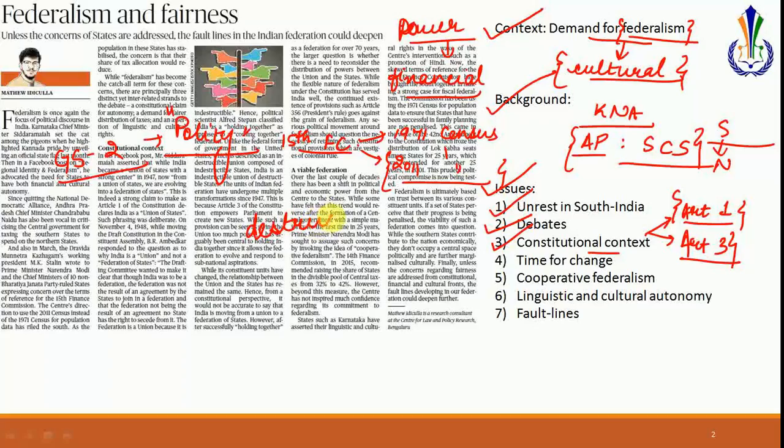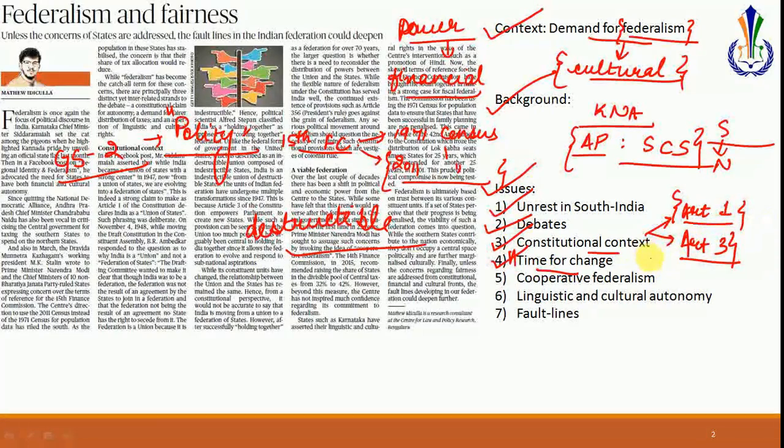This means that the states in India do not have any integrity and they can at any time be destroyed. So that is something that is going to be important here. Another thing is that a question is being raised: is it time for change, to mark a shift from this Article 1 and Article 3 to a newer form of policy, a newer federal form of structure of the Constitution? So this is something that is being raised.